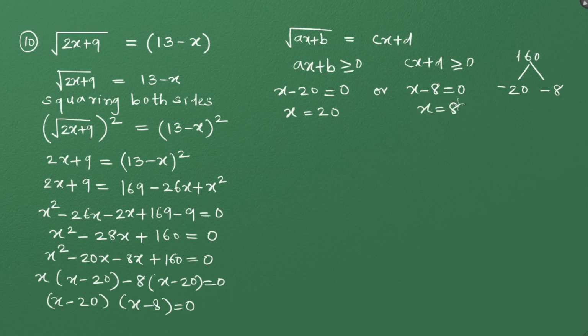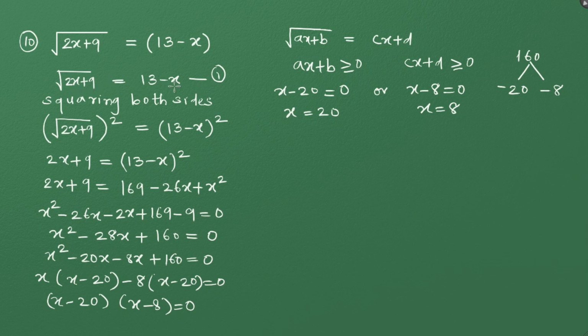Now what we have to do is substitute x equals 20 in this equation. Let's mark this as 1. So we have to substitute x equals 20 in equation 1 and verify whether left hand side equals right hand side.